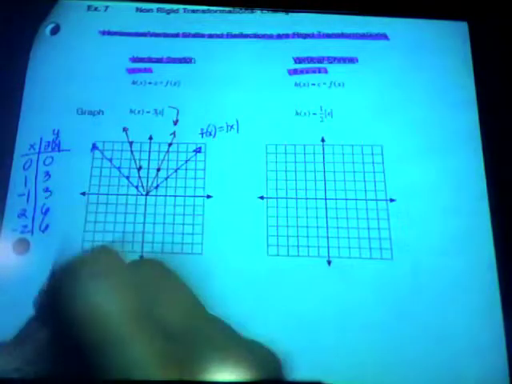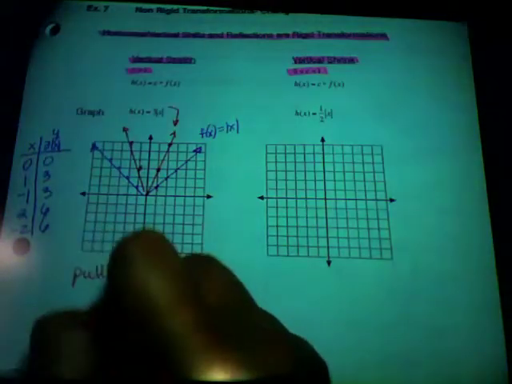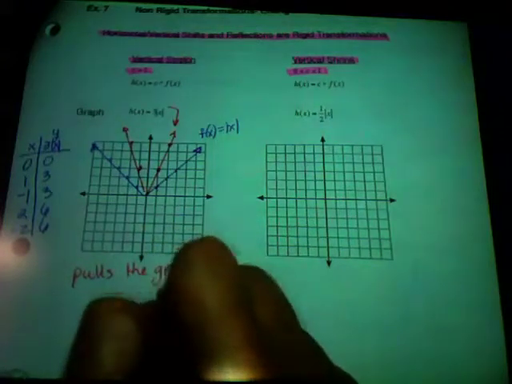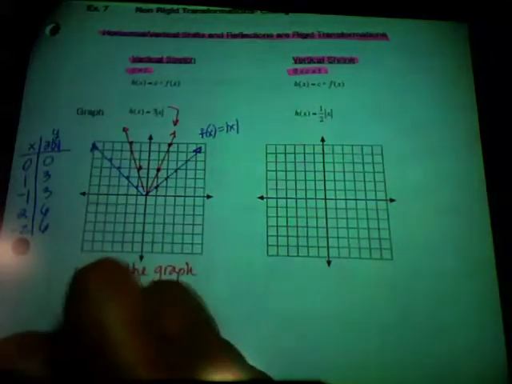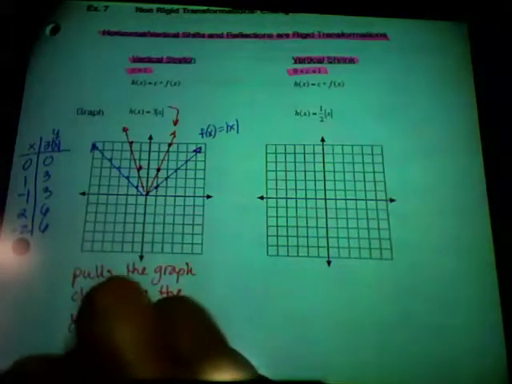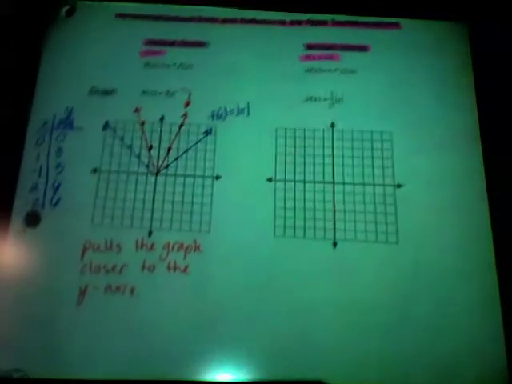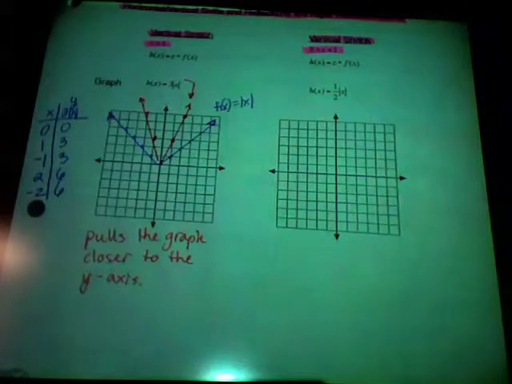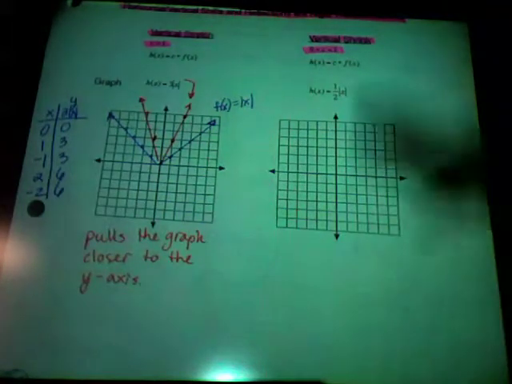It still has straight sides to it. But look at what happened. A vertical stretch pulls the graph closer to the y-axis. So it just took that graph and went whoop, right up.